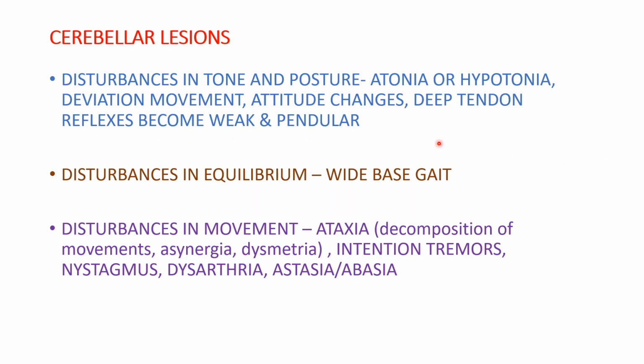Then coming to cerebellar lesions. There will be disturbances in tone and posture. This leads to atonia or hypotonia, deviation movements, attitudinal changes, and deep tendon reflexes become weak and pendular.